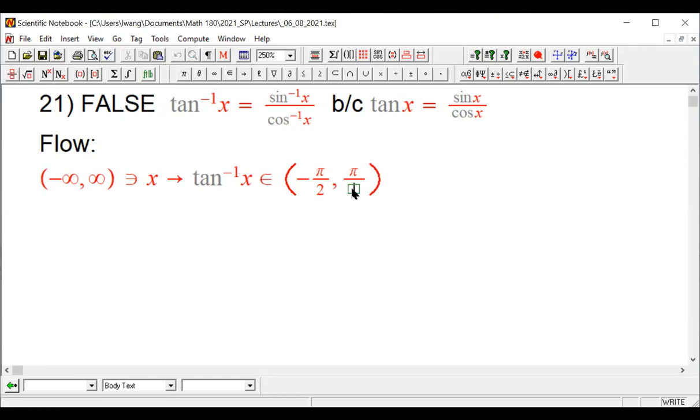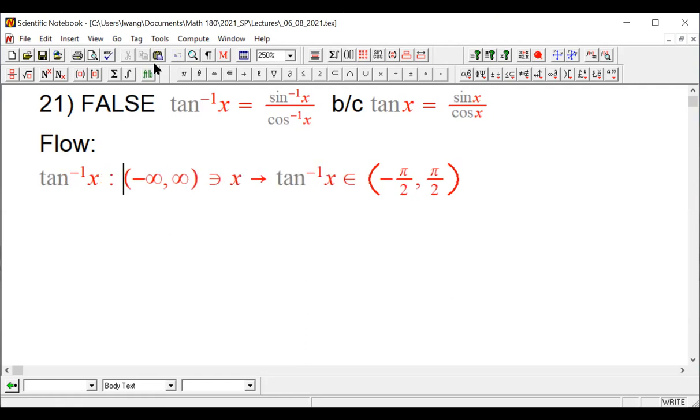Exclusive does not include the endpoints. We've done all the graphs. That's the flow. And how about this other flow?